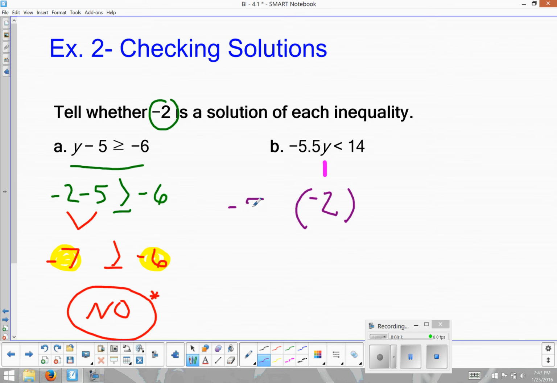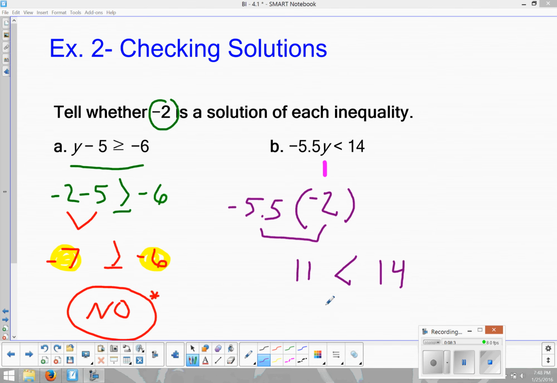So I'm going to put -5.5. -5.5 times -2 is going to give me 11, because a negative times a negative is positive. Then I'm going to bring down my inequality, bring down my 14. So is this a true statement? Is 14 greater than 11? And the answer is yes, it is. So since it is, we'll say yes. This is a correct solution.